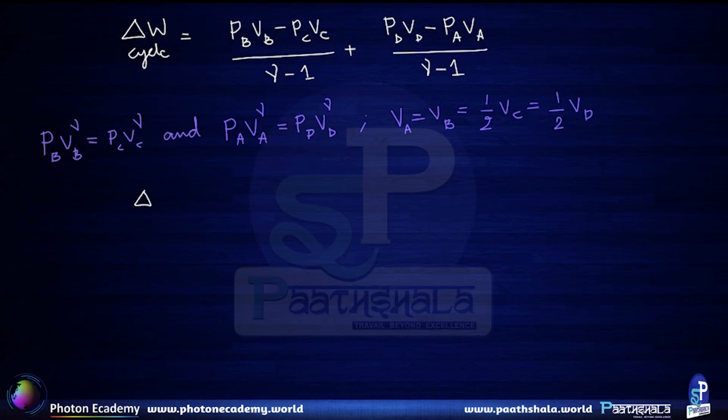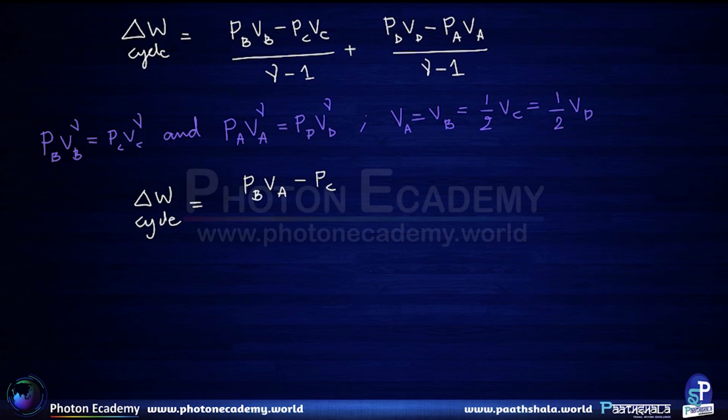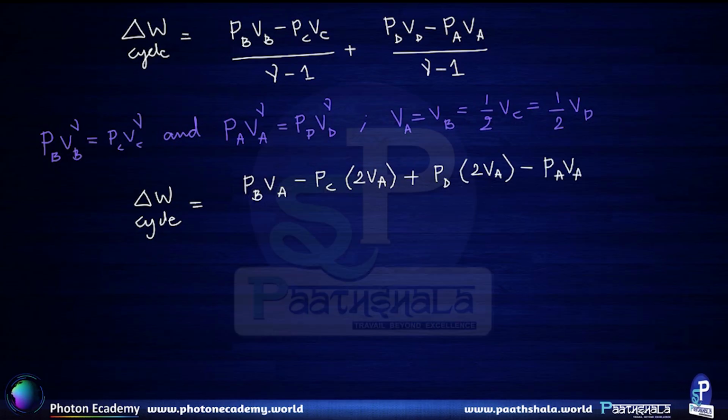So delta W of the cycle will be equal to PbVa minus Pc into Vc, which is 2 times Va, so 2Va, plus Pd into Vd, which is 2Va, minus PaVa, whole by gamma minus 1.